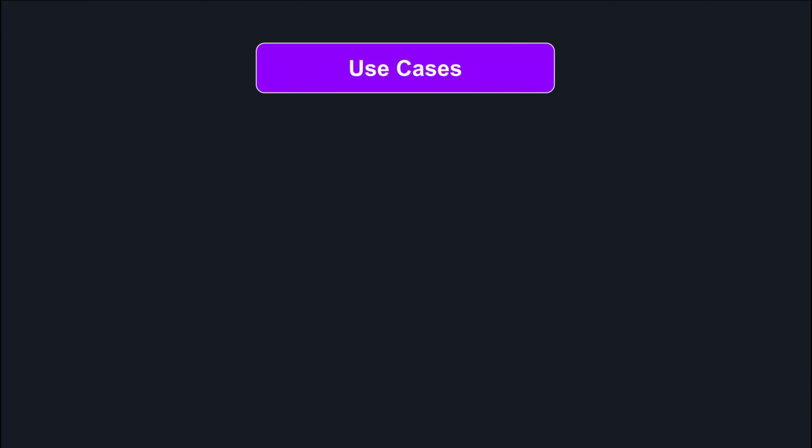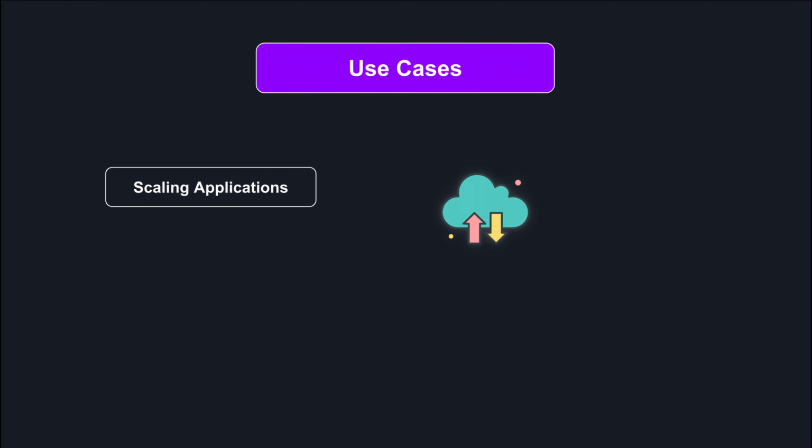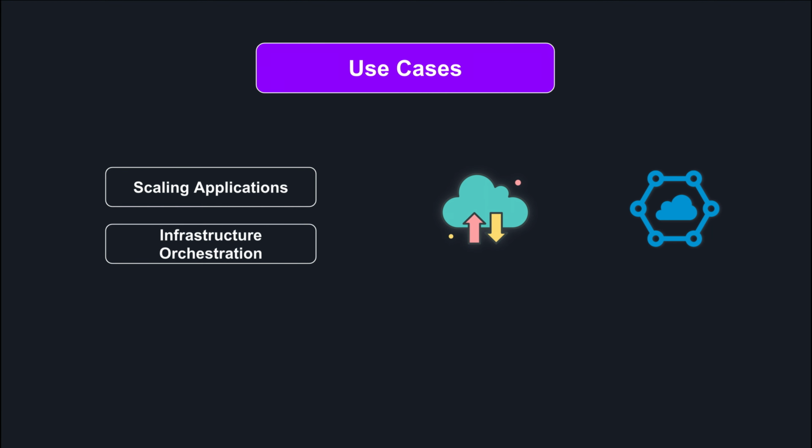Terraform has a wide range of use cases, including scaling applications. Terraform allows you to easily scale resources up or down based on demand, ensuring your applications can handle varying workloads. Next, infrastructure orchestration. You can define complex infrastructure setups using code, making it easier to manage and reproduce intricate configurations.